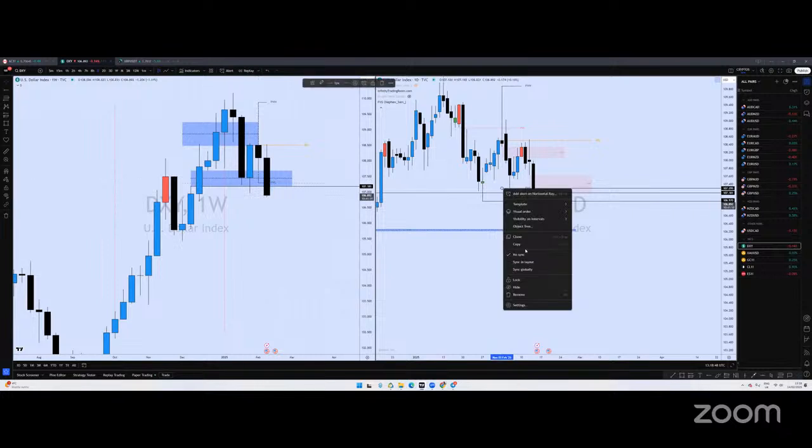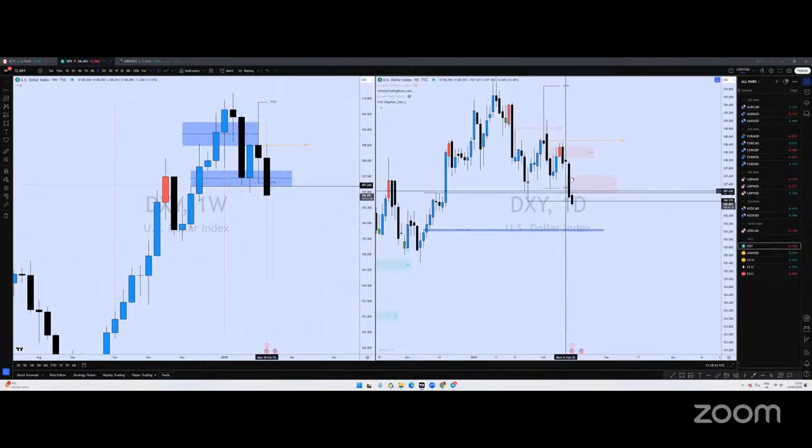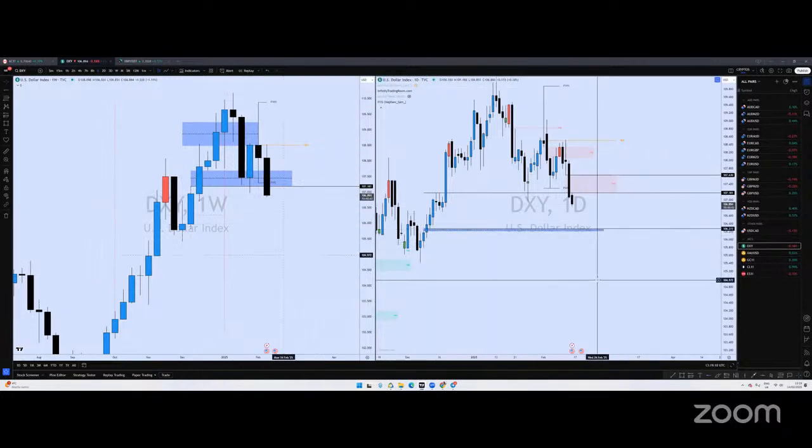Let me get rid of some of these lines. This line is not important anymore. Let me put it here. As long as we don't close above 107.63, price will reach for 106.27.